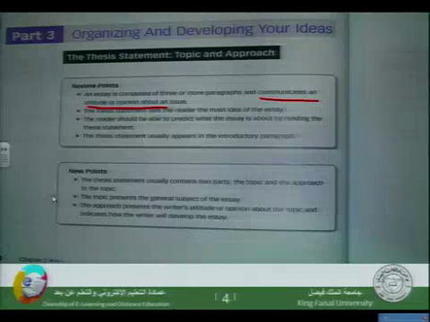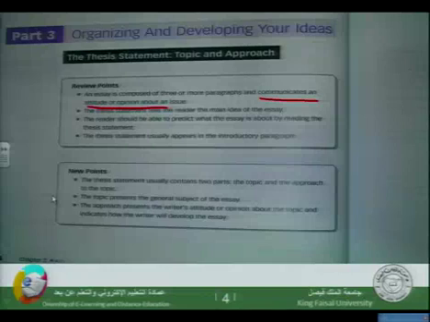It should be there somewhere, okay? But of course, it wouldn't be wise to place your thesis statement in the middle of your essay or towards the end. In order to orient the reader, you should provide the thesis statement right around the beginning of your essay. Right.